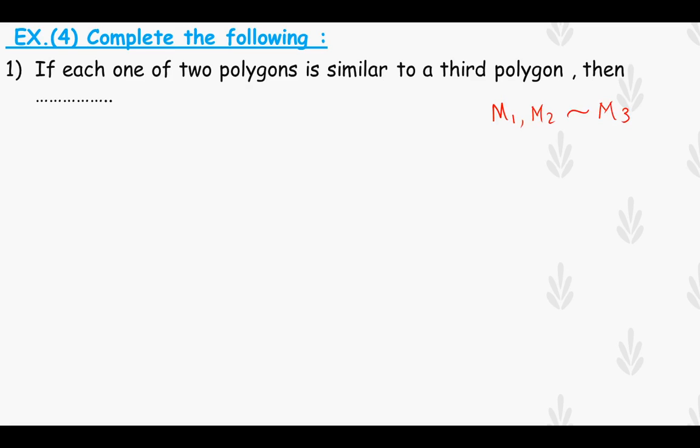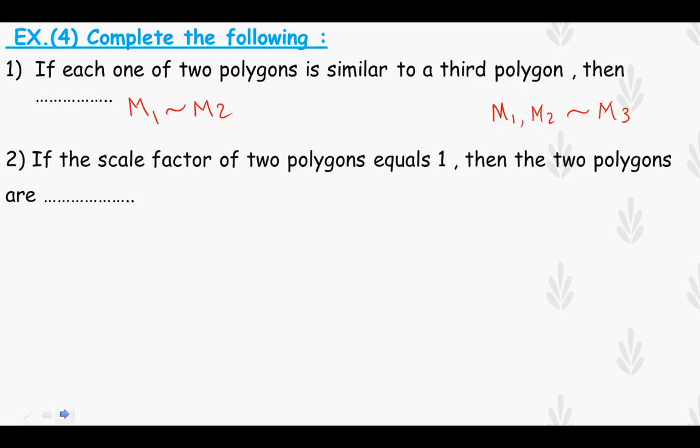So M1 is similar to M3 and M2 is a polygon similar to the polygon M3. So what are we going to deduce? We are going to deduce that M1 is similar to M2. Okay? Number 2.